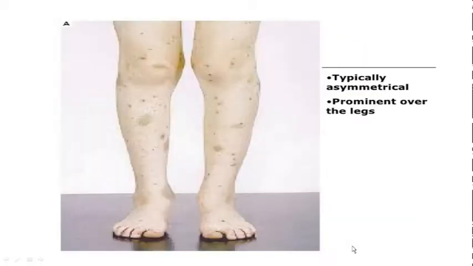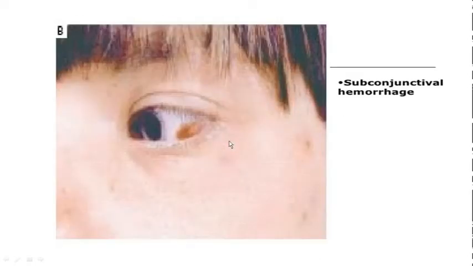So this is the typical presentation. These are the petechiae, small discrete red papules less than 1 millimeter in size, flat and non-blanchable, mostly on the dependent areas of the body, and even some conjunctival hemorrhage can be appreciated in such patients.